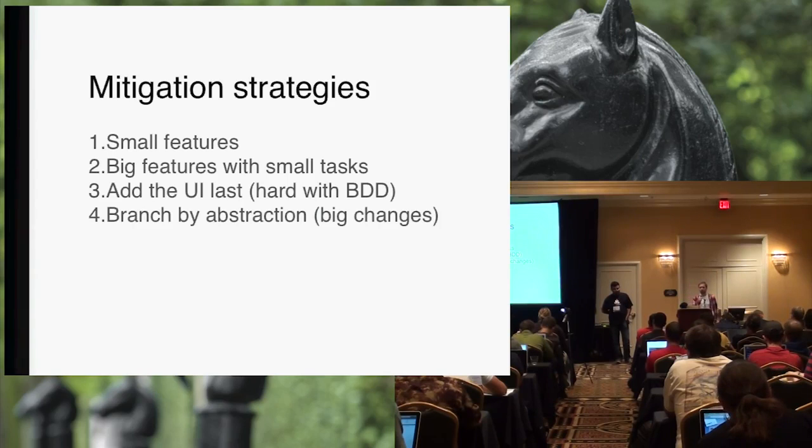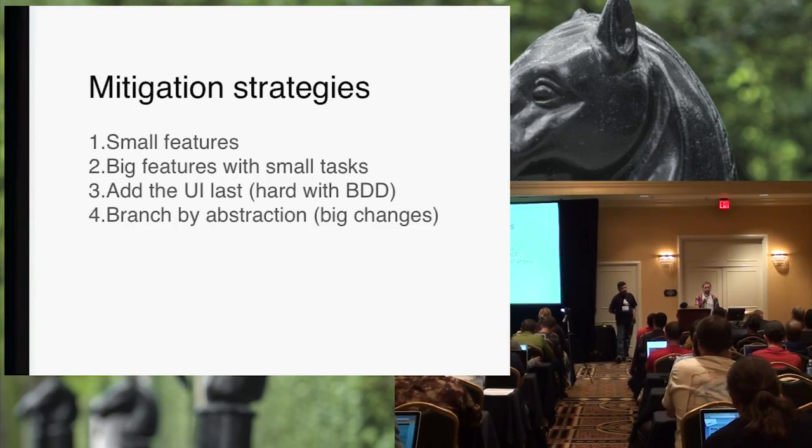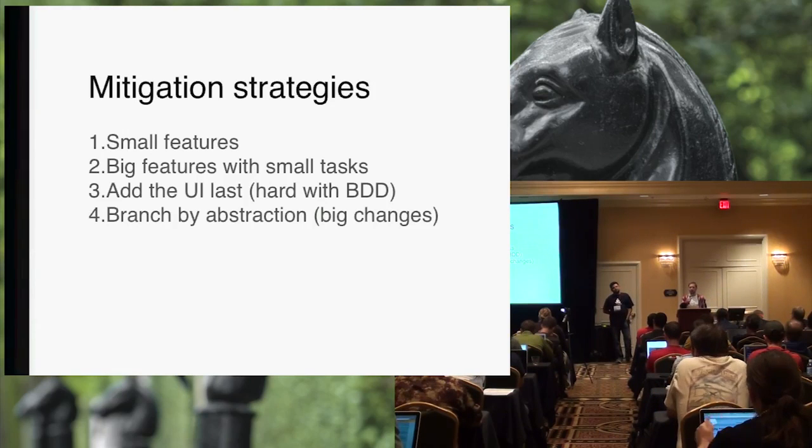But the notion is that if you have a really big change coming into your application, say you're changing the ORM layer, you build an abstraction layer between your application and the ORM layer, and allow that abstraction layer to toggle between the two alternative implementations, build out one while you continue to maintain the other, and then eventually you're in a position where you can swap over from one to the other. I think of feature toggles as being kind of a special case of that, but branch by abstraction is really one of those concepts that's very helpful for large, difficult changes.